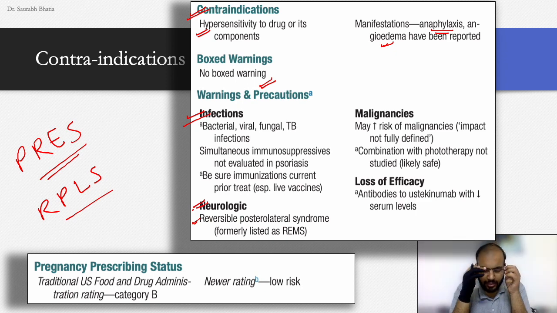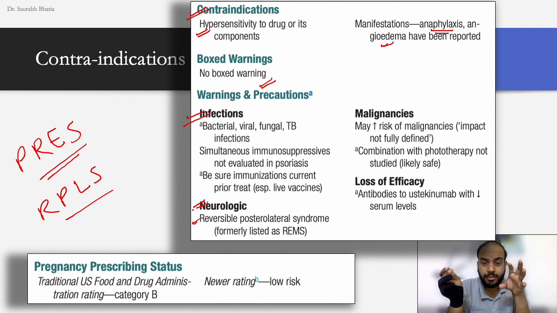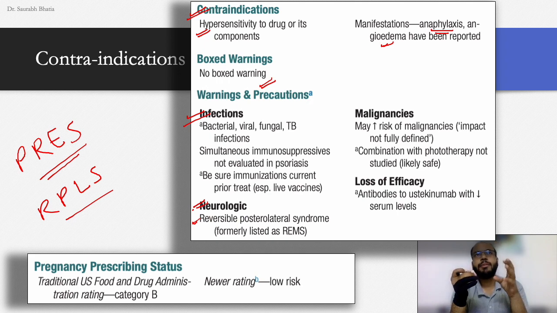The clinical features of PRES include headache, seizures, confusion, visual disturbances, and it has been found that after weeks to months of ustekinumab injection, there is a latency of a few weeks to a few months, and then the patient starts to develop these neurological symptoms like headache, seizures, confusion, visual disturbances. And it has been said that when ustekinumab is stopped, these symptoms resolve on their own.